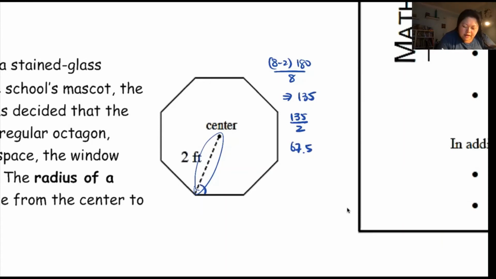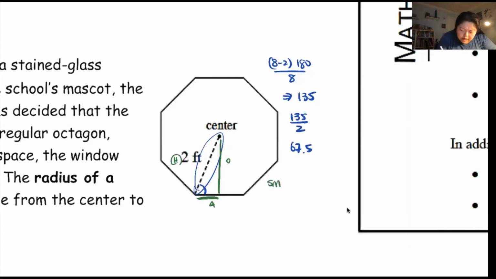Okay, and then we are going to also need this height and this space right here, right? So we're going to use SOHCAHTOA again. This is my opposite, this is my adjacent, and the hypotenuse is 2. So I'm going to use sine to find the opposite. I'm going to use cosine to find the adjacent, and that way I have enough information.